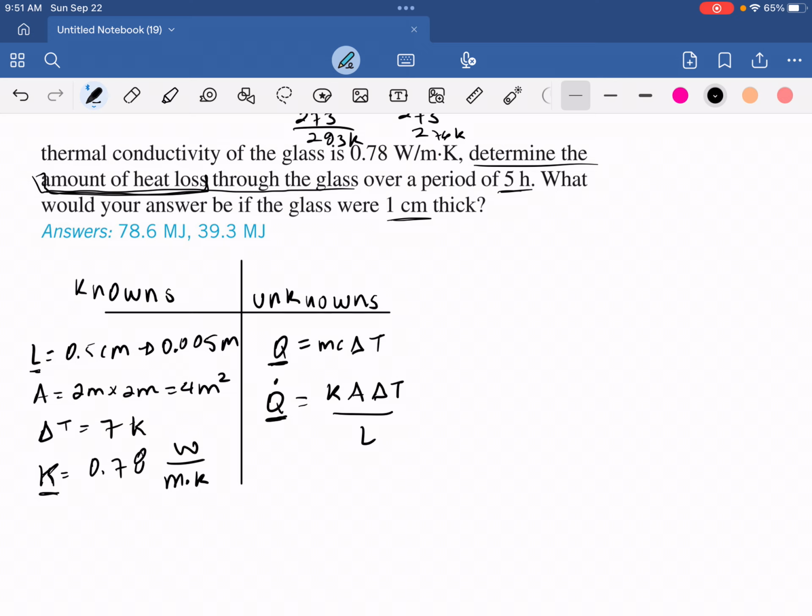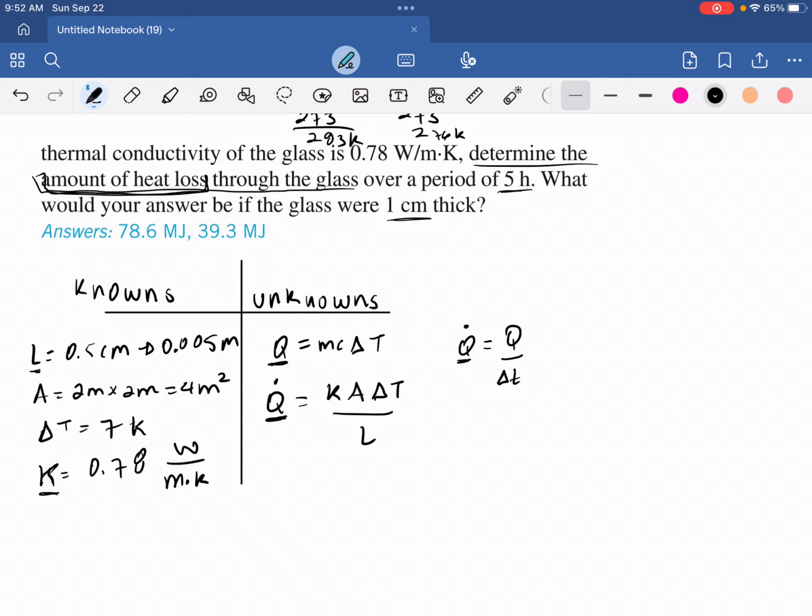Well, if we think about it, we also have this other formula. Q dot is equal to Q over delta T. Actually, this is the rate of energy transfer, right?